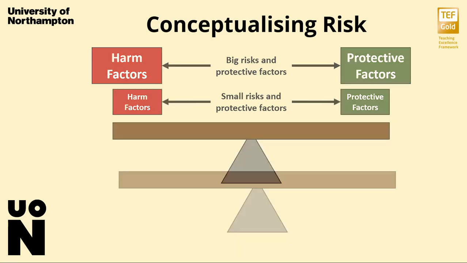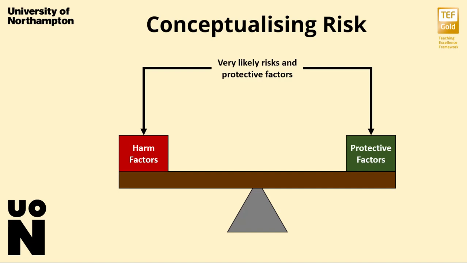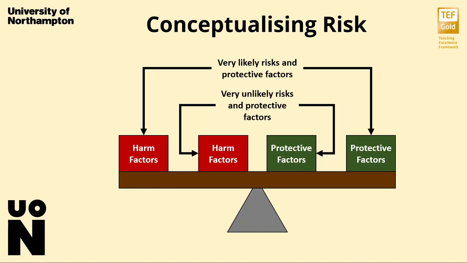The second part is how likely we think these risks are. So if we think something is really likely, or if we're very sure of something, very definite, that's like pushing it out towards the end of the balance, where the leverage effect will mean it has a bigger effect on our decision making. If we think it is very unlikely, then it's more towards the center of the decisional balance, and it will weigh slightly less in our decision making.